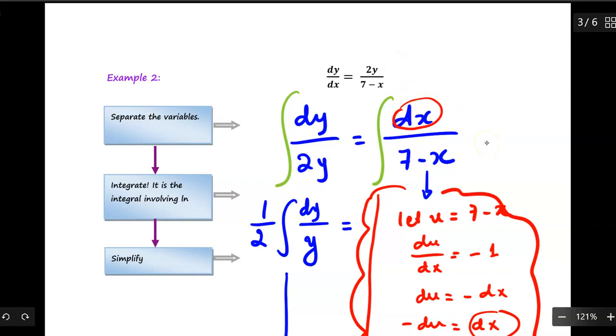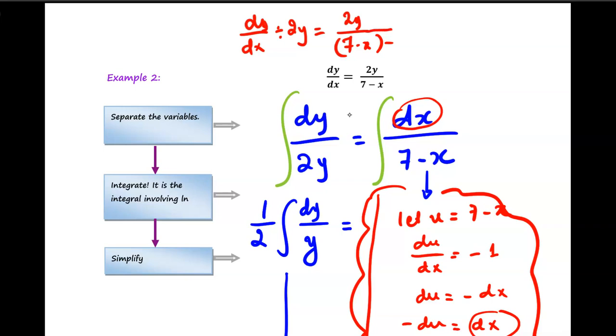So what I basically do is I take dy and divide both sides by 2y. So dy over dx, I divide both sides by 2y. I divided by 2y, that means I multiply by 1 over 2y.